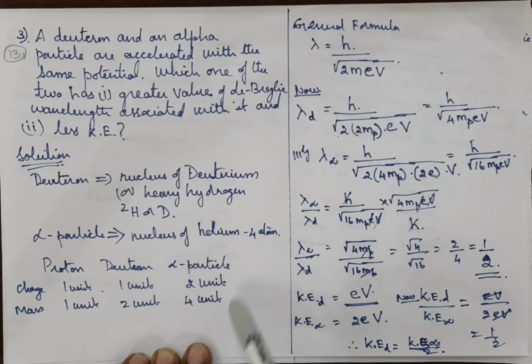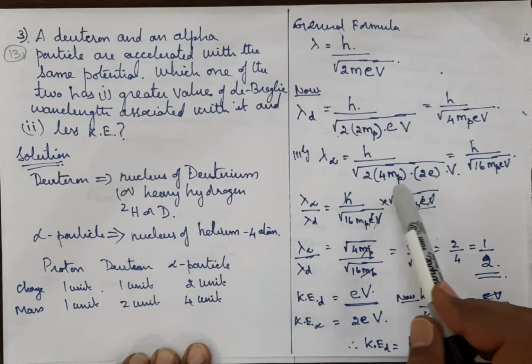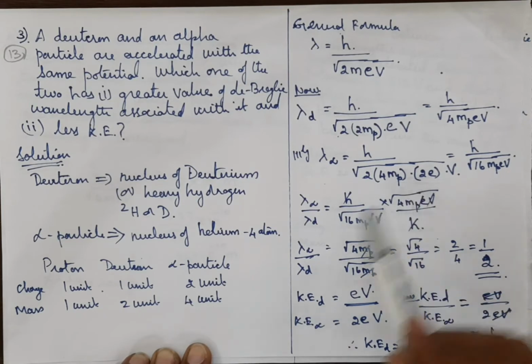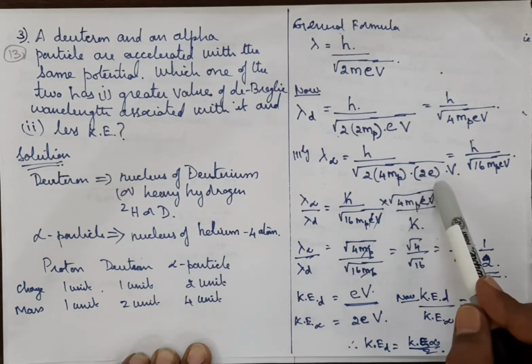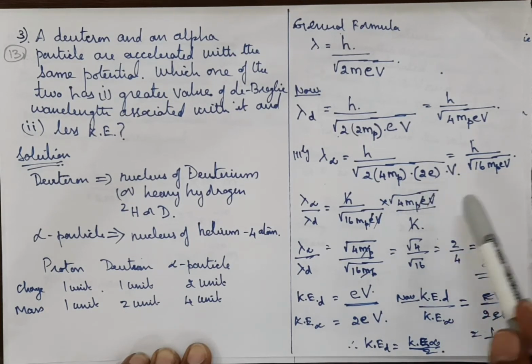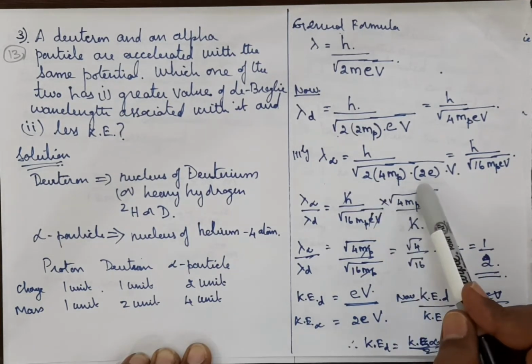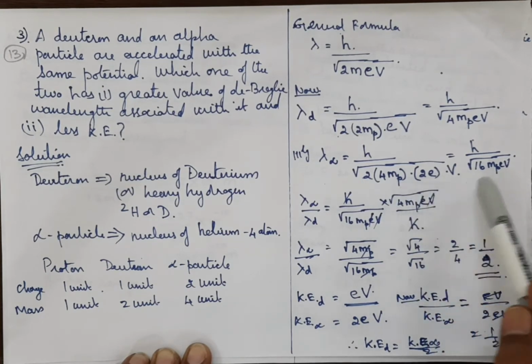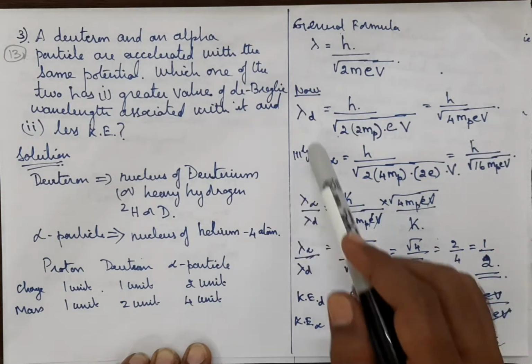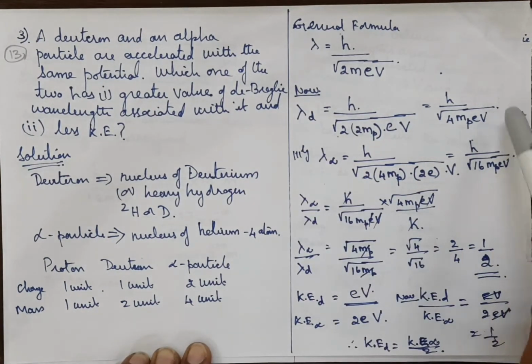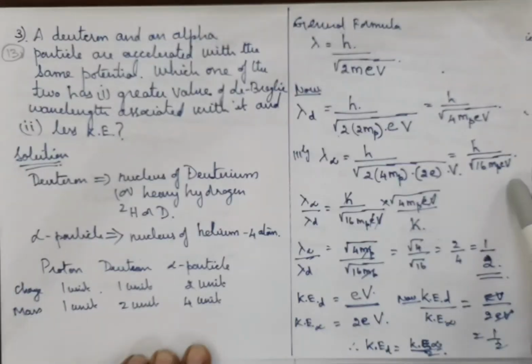The mass of the alpha particle is 4 times that of the proton, so 4 into the mass of the proton, and the charge of the alpha particle is twice, so 2 into e into V. Therefore 4 twos are 8, 8 twos are 16, so 16 mp eV is the simplification. So we get lambda D is this value, lambda alpha is this value.